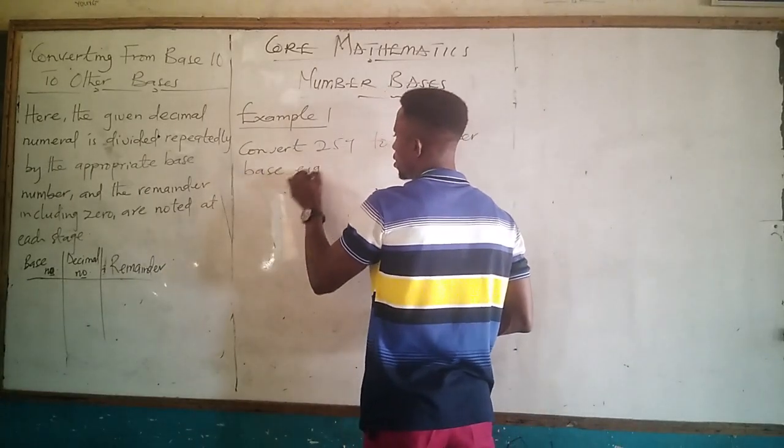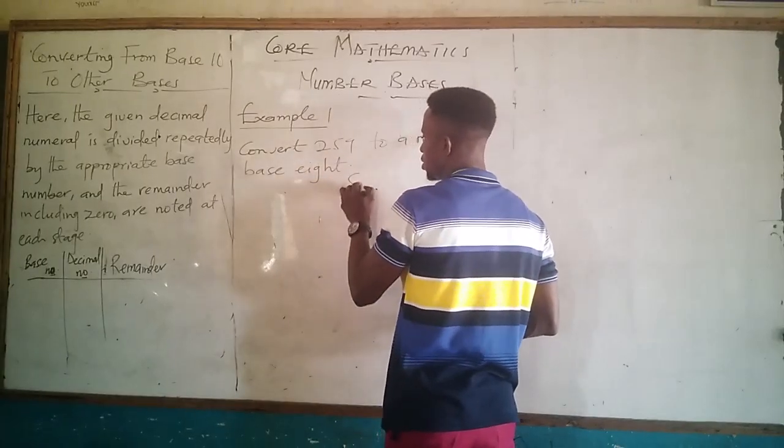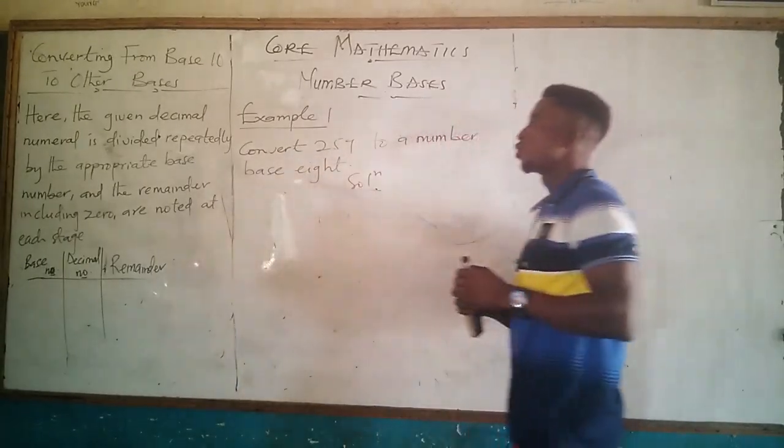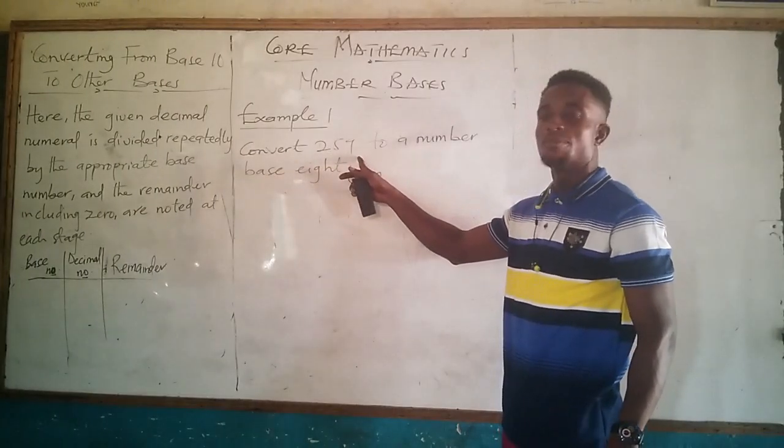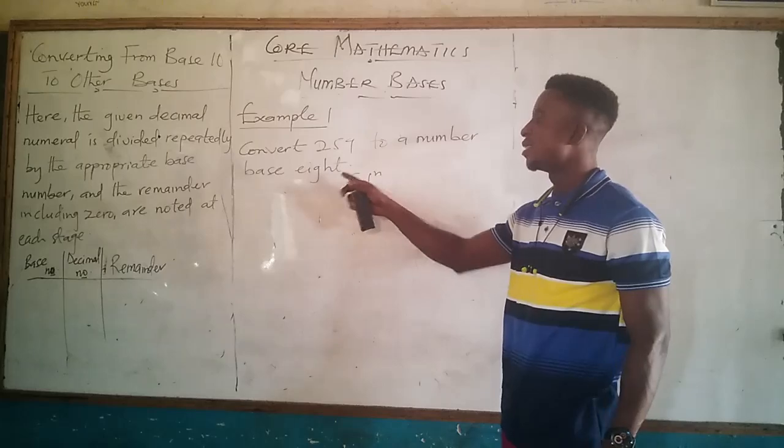Solution. So we have to convert 259 base 10 to a number base 8.